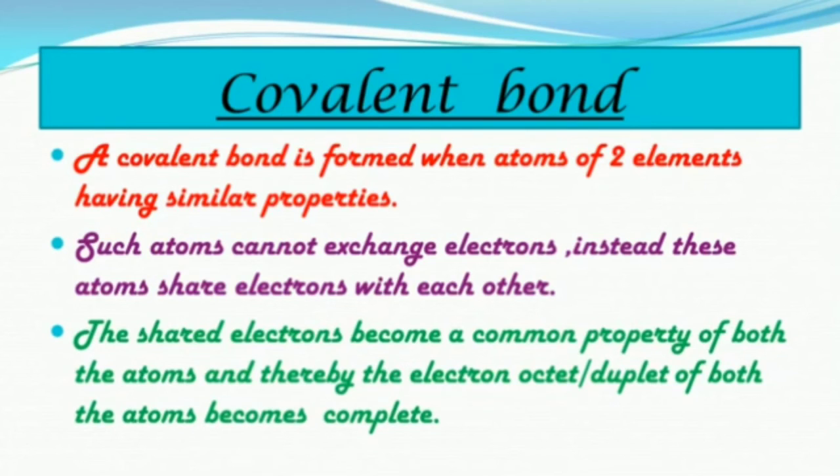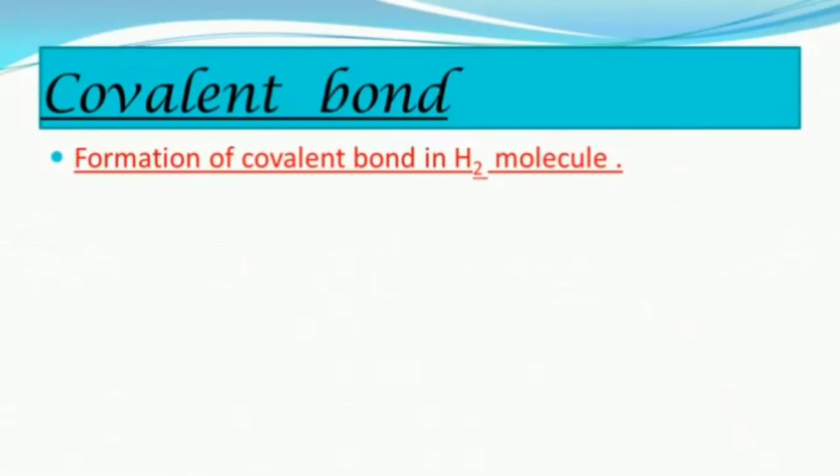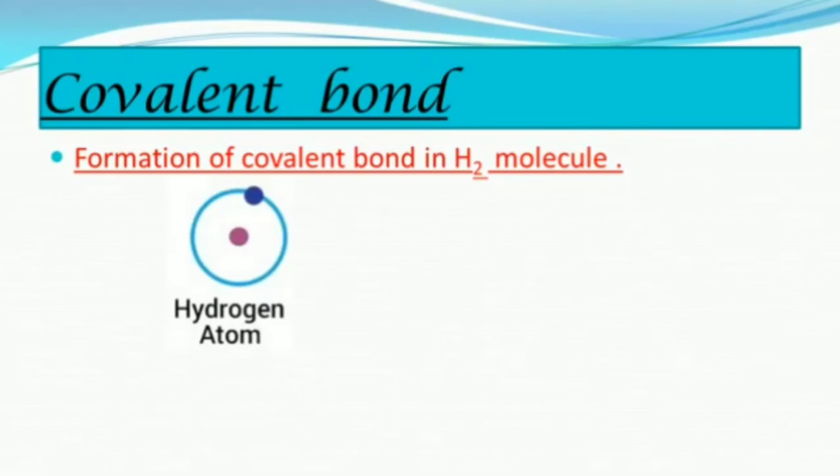And this is how with the shared electrons the octet is complete. So let us first consider an example of the hydrogen molecule, formation of covalent bond in the hydrogen molecule.